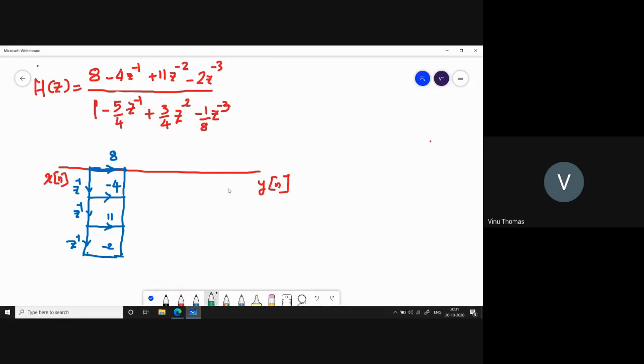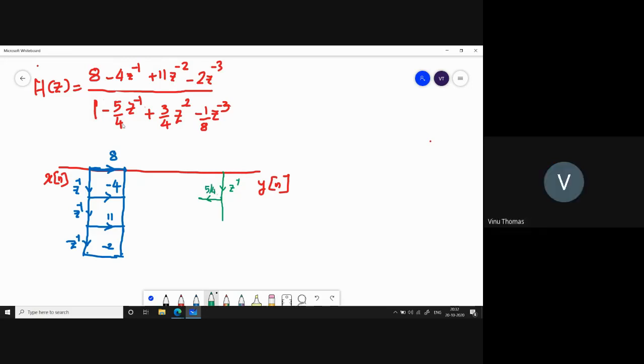Likewise, let us implement the denominator. Here you have to be careful. Now this is z raised to -1. What should this be multiplied by? Sir, 5/4. This should be multiplied by plus 5/4.